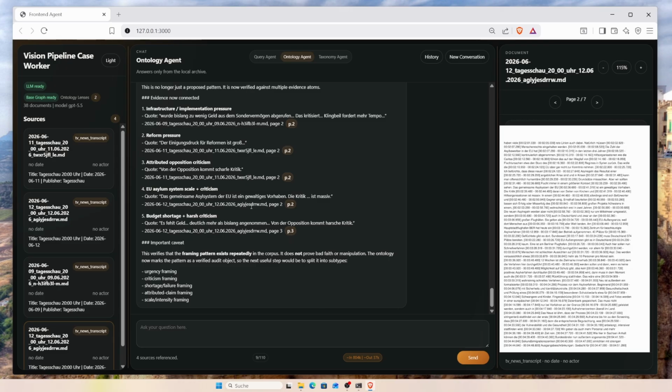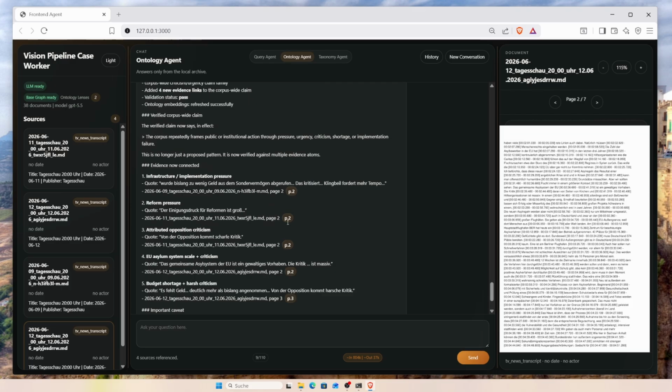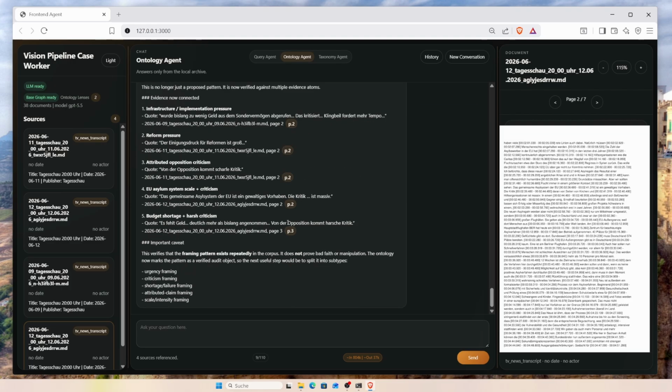That means if you use the biggest frontier model that is available, you would probably have spent something like $25. This is just at the frontier of what is possible.